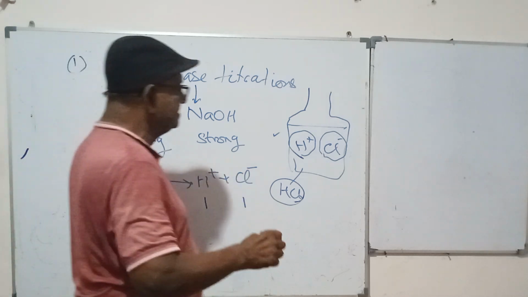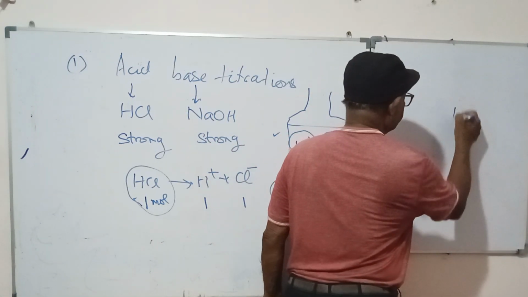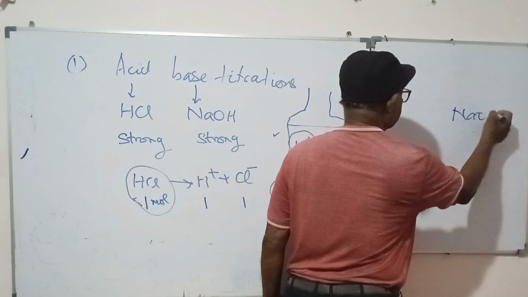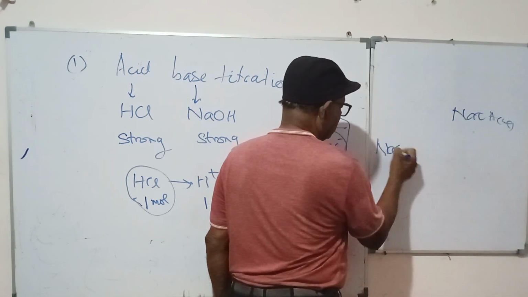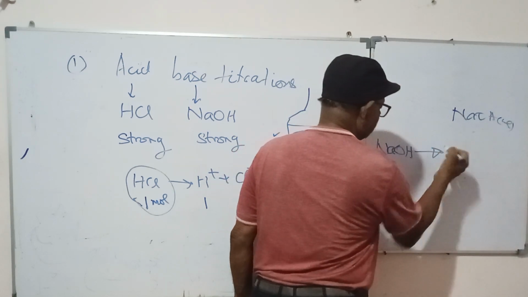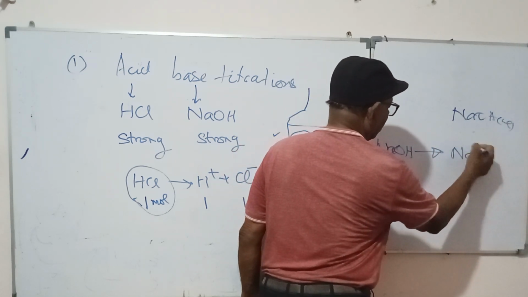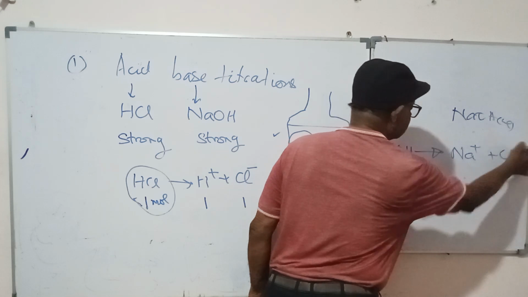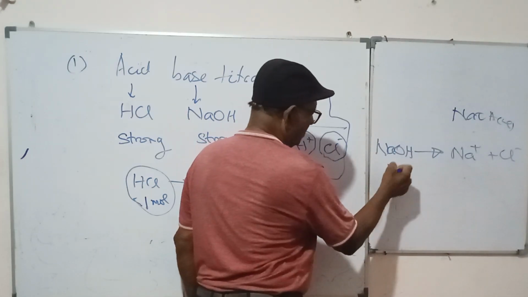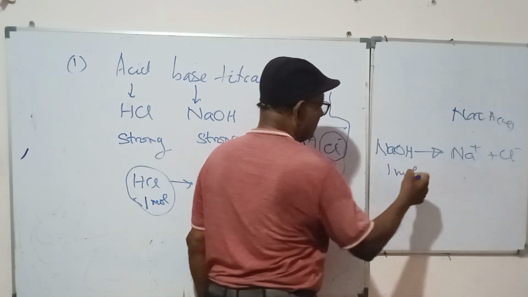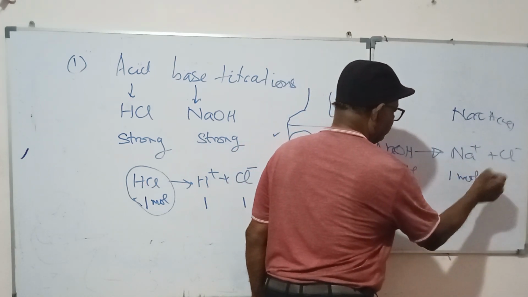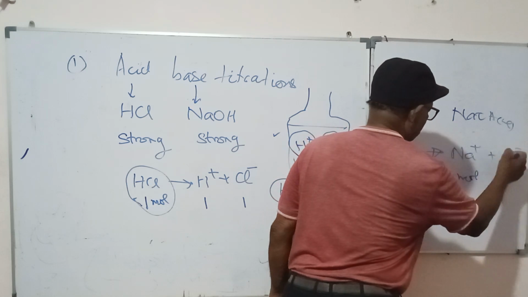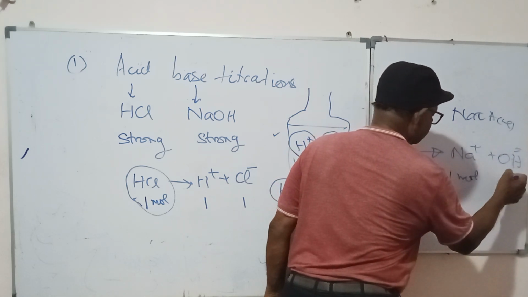Similarly, a strong base is also the same. If we take an NaOH aqueous solution, it also undergoes complete ionization forming Na plus and OH minus. 1 mole of NaOH gives 1 mole of Na plus and 1 mole of OH minus.